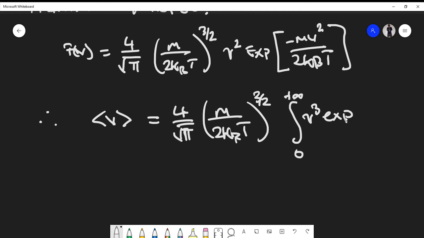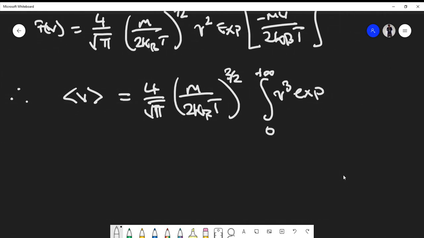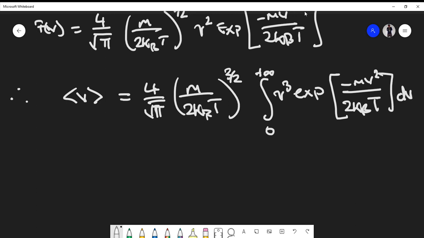Because remember, we had an original v, so we're multiplying that together, which will give us from v squared to v cubed times the exponential, and everything in the exponent becomes negative mv squared over 2kbT dv. And kb again is our Boltzmann constant.